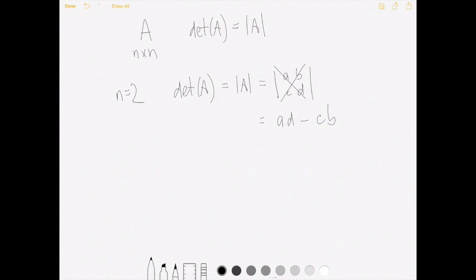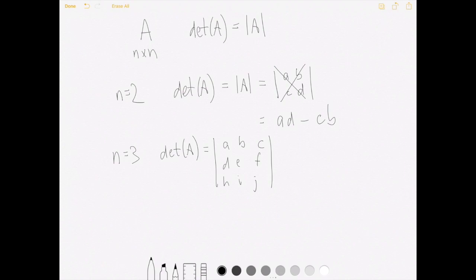In the case of n equals 3, let's say our matrix A has entries a, b, c, d, e, f, h, i, j.